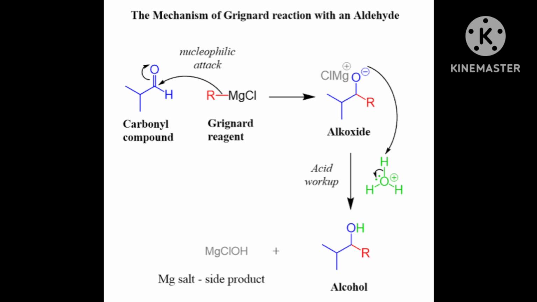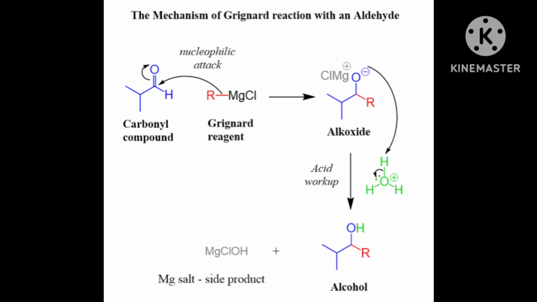The reaction, I told you in the beginning what will happen. Here the aldehyde is RCHO. The C and O double bond will break; C will be positive, O will be negative.